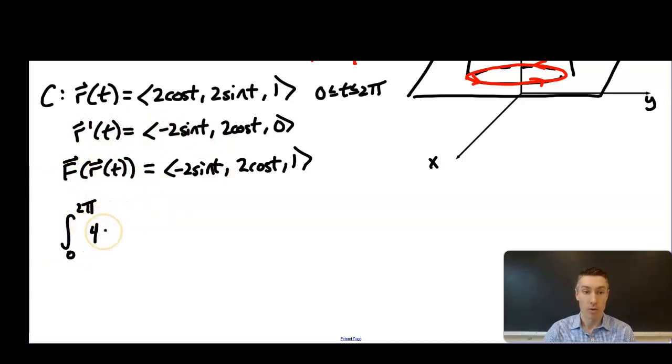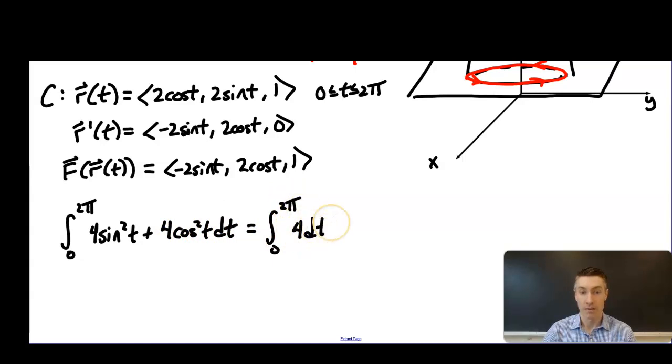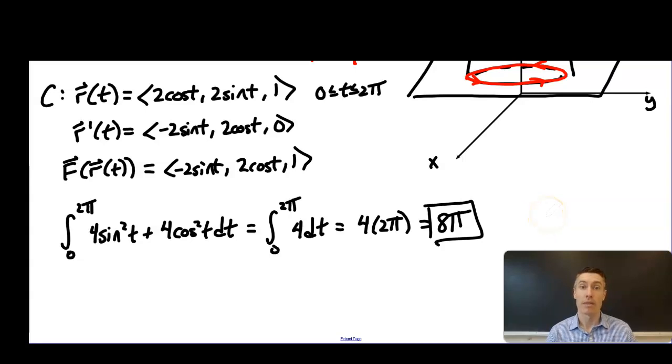So that's going to be 4 sine squared t plus 4 cosine squared t dt. So that's the integral from 0 to 2 pi of 4 dt, which is going to be 4 times 2 pi, which is 8 pi. So that verifies Stokes theorem because we got the same value on both sides.